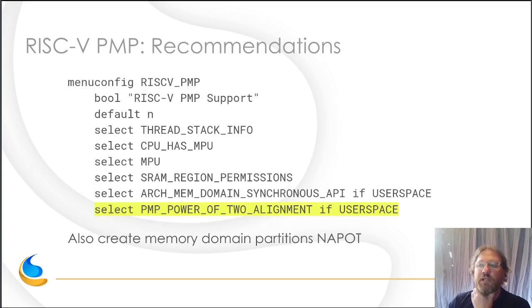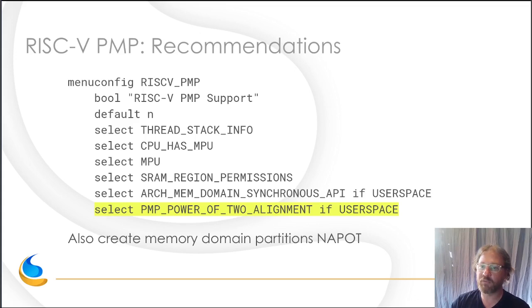So as I mentioned, we're heavily limited by the number of PMP slots. One of the things that we did in our implementation is, if user space is enabled, we use Kconfig to automatically enable this power of 2 alignment by default. That allows all these regions we just discussed to be aligned on a power of 2 by default.